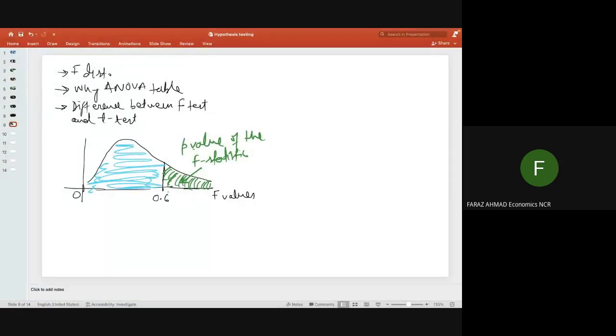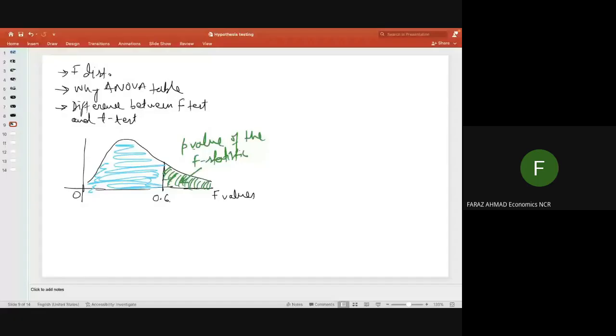And if you locate it on the x-axis, it will divide the F distribution into two parts. Of course, the entire area under the curve is always 1, whether it's a t distribution, F distribution, chi-square, or any other distribution, beta, Cauchy, binomial, Poisson. All of them have area equal to 1 under the curve. The total area is 1, right?